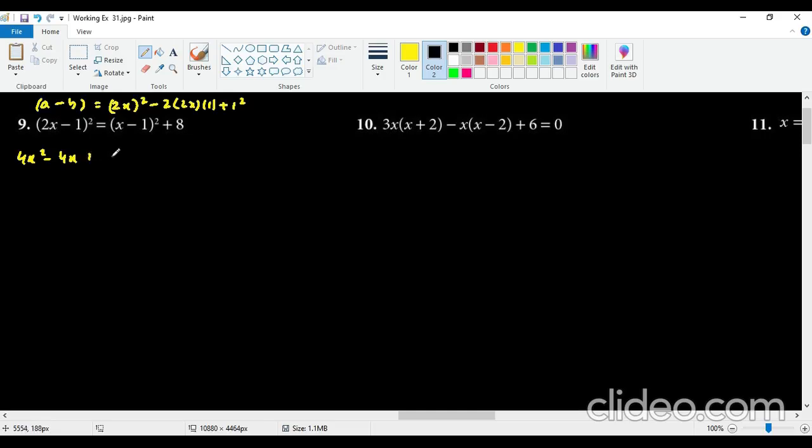Equals, for this again we'll use the a minus b whole square formula, and we will get x square minus 2x plus 1 and plus 8. So we'll solve individually. 4x square minus 4x plus 1 equals x square, minus 2x and plus 9.